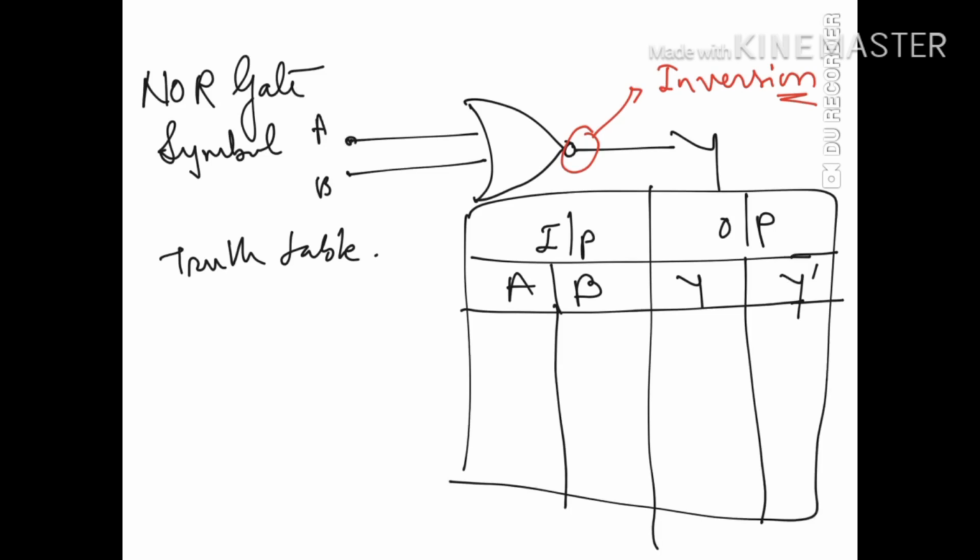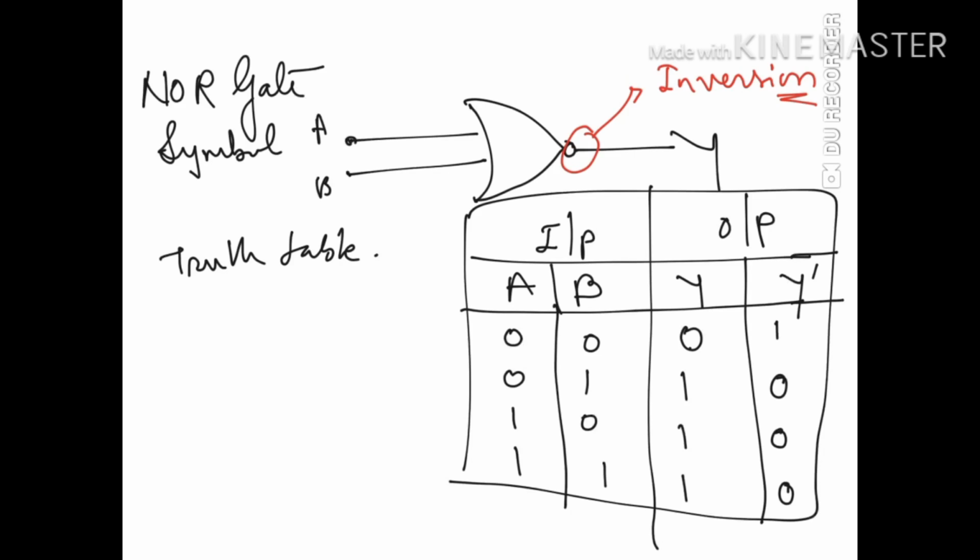The output of a NOR gate is low if any of the inputs are high. So I'll just show you this: 0, 0, 0, 1, 1, 0, 1, 1. Now what should be the output here? 0, 1, 1, 1. But here we need an inversion of it. So 0 will be inverted to 1, 1 will be inverted to 0, 1 will be inverted to 0, 1 will be inverted to 0.